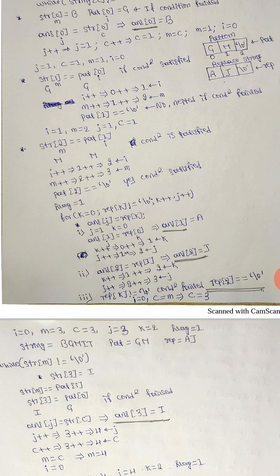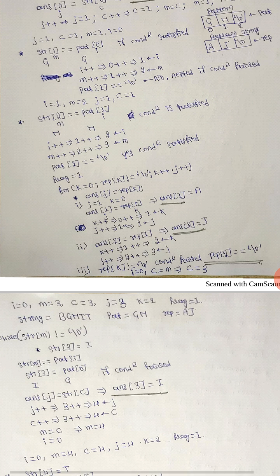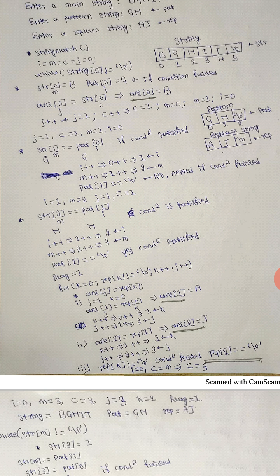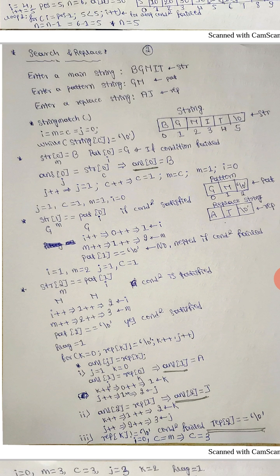And again J is copied at index 2 of answer, and after that your replacing string reached the null value. Now again we need to go back to your main string.